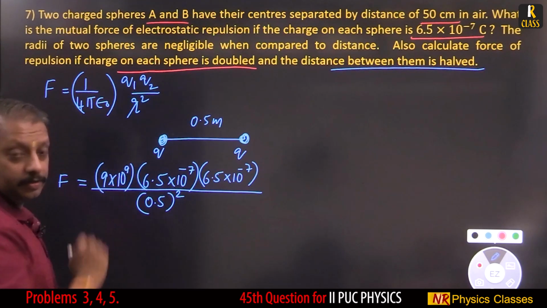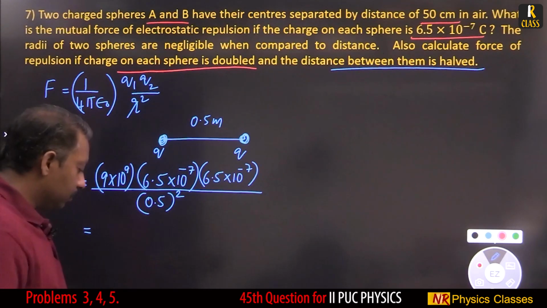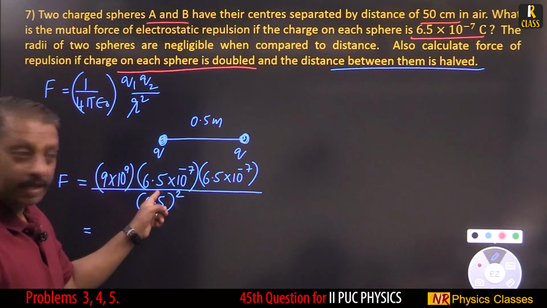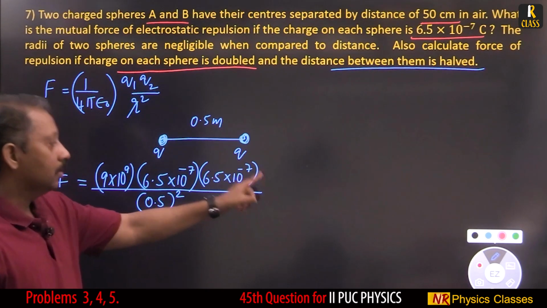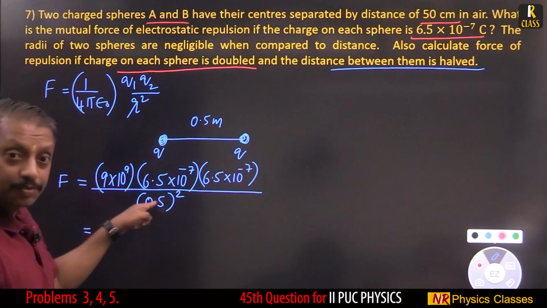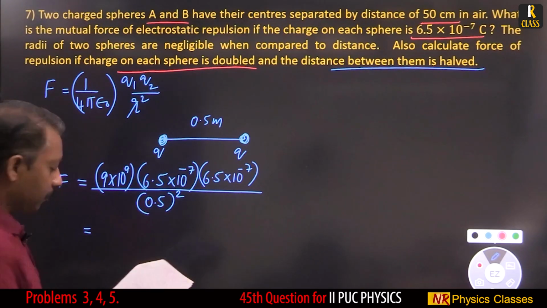Take care of centimeter, okay? And then this square. Use the calculator, students. 9 into 6.5 into 6.5 equals, then divided by 0.5 square is 0.25, divided by 0.25 equals, find that number.